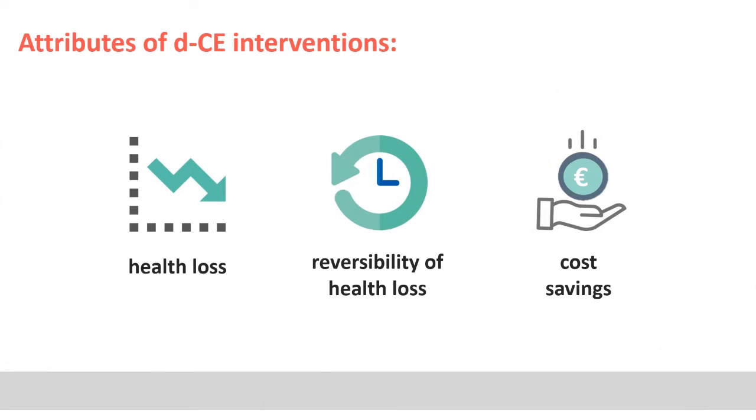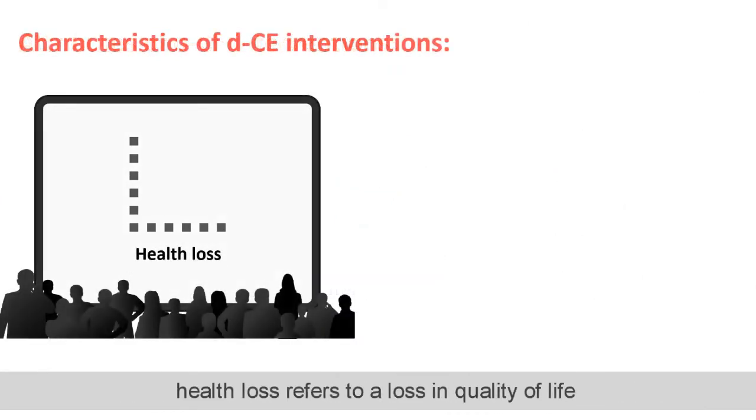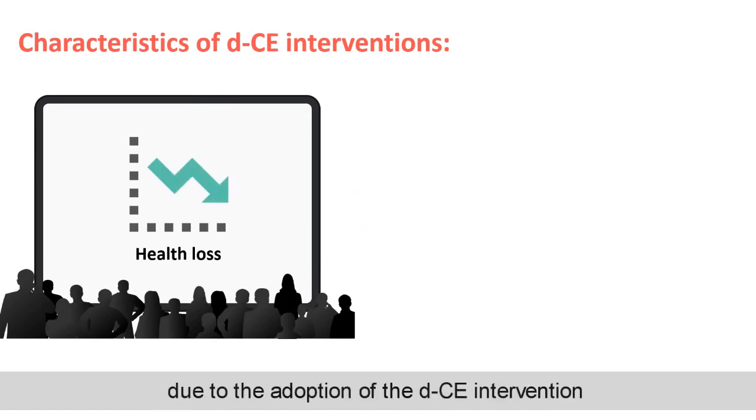Attribute 1. Health loss. In this experiment, health loss refers to the loss in quality of life as perceived by the patient population due to the adoption of the DCE intervention. This could take the forms of side effects such as coughing and/or additional constraints associated with taking the treatment. For example, a pill every day rather than every week.